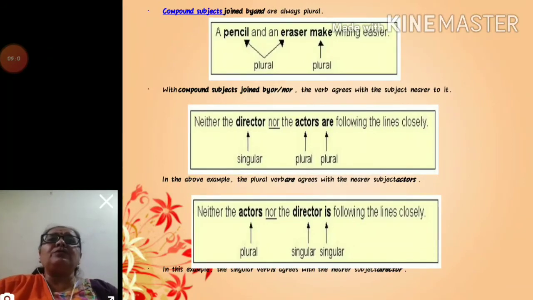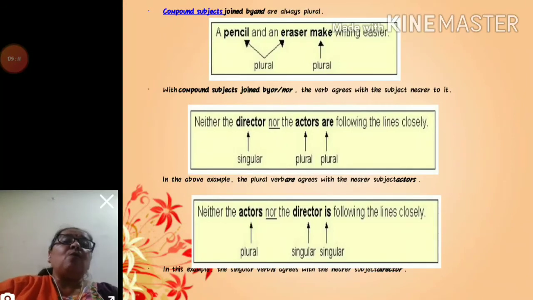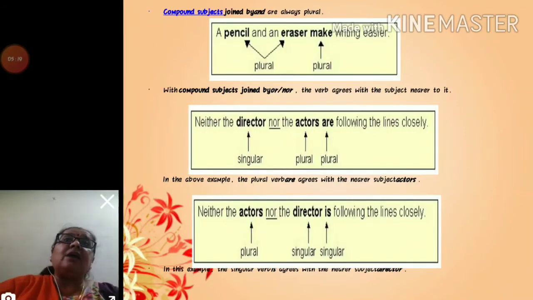Now in compound subjects, always remember when we are joining with and, then it will always take a plural verb.